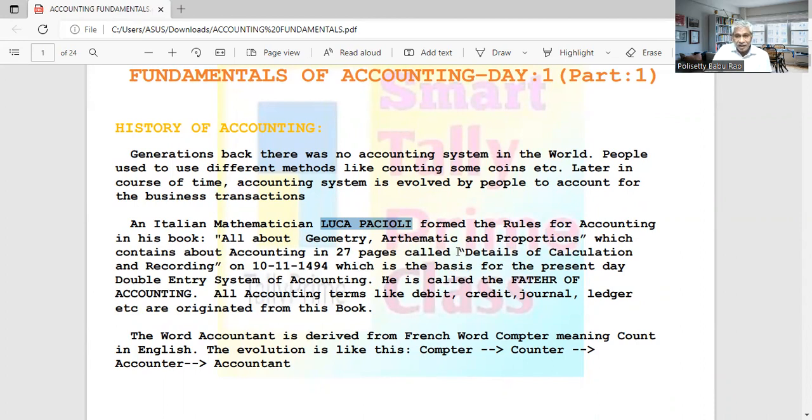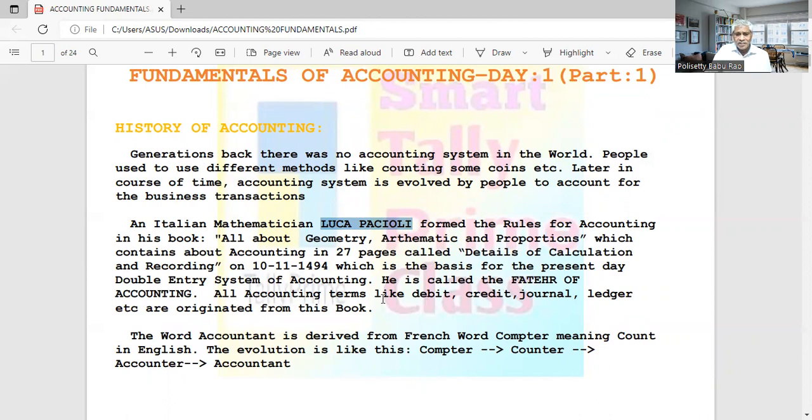That is why Luca Pacioli is called the father of accounting, like Mahatma Gandhi is called father of the nation because he got the independence. Similarly here, he brought this accounting system into life. That's why he is called father of accounting.